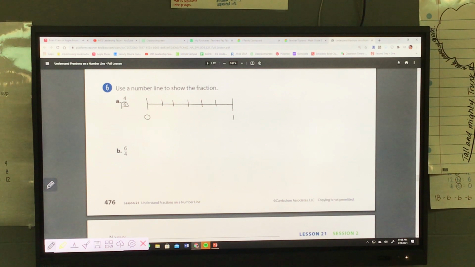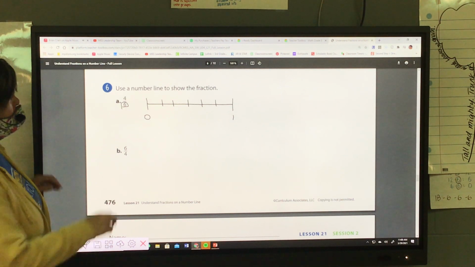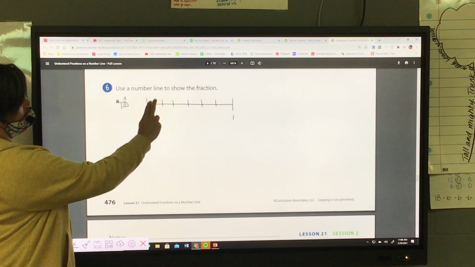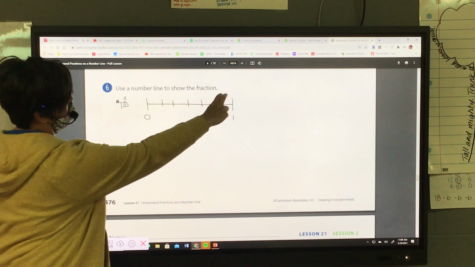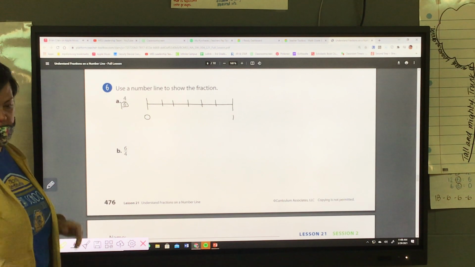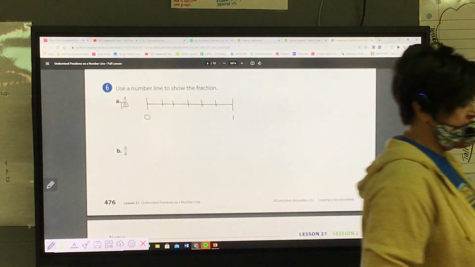All right, do you have that part created? Double check, make sure you have 6 equal parts. 1, 2, 3, 4, 5, 6. Count on yours. For sure, 6 parts in it.